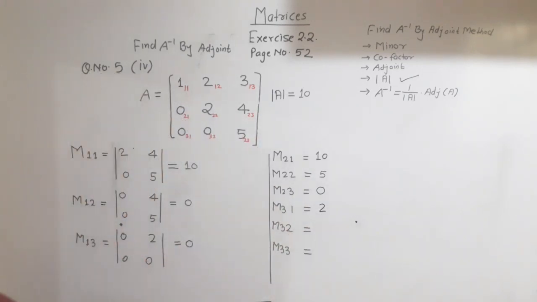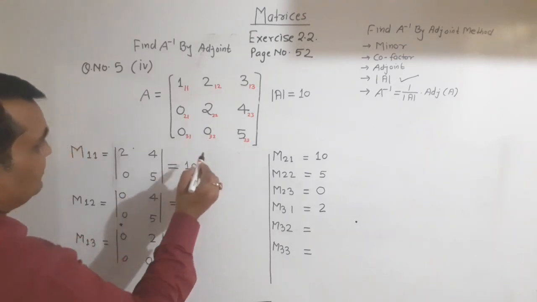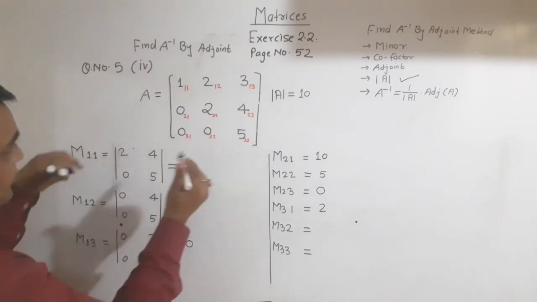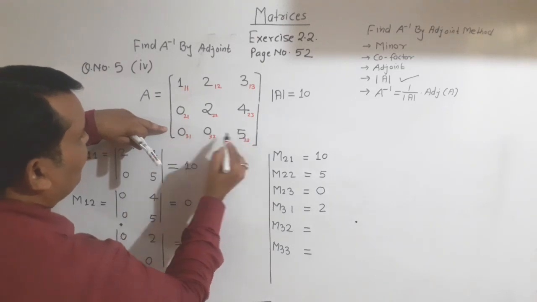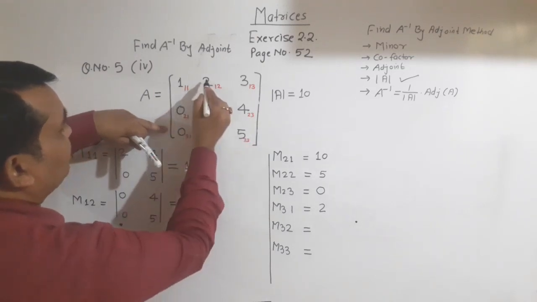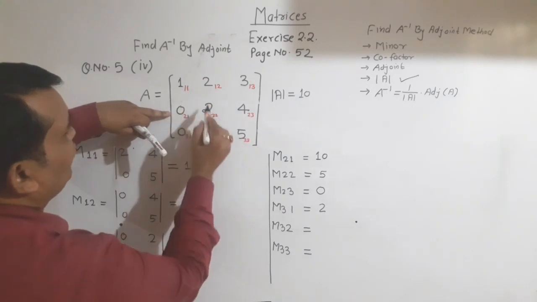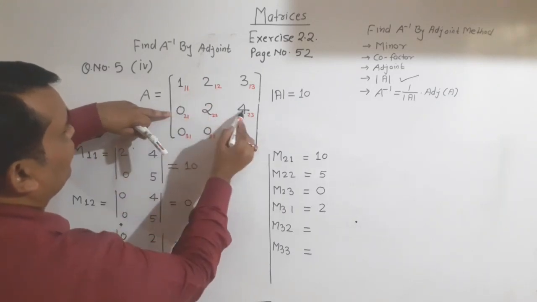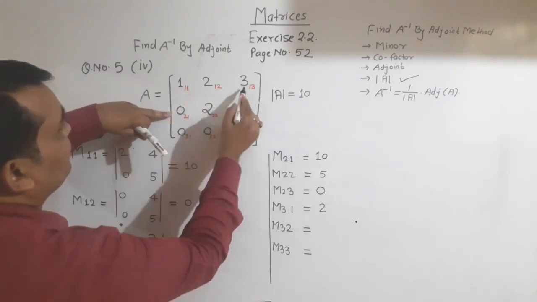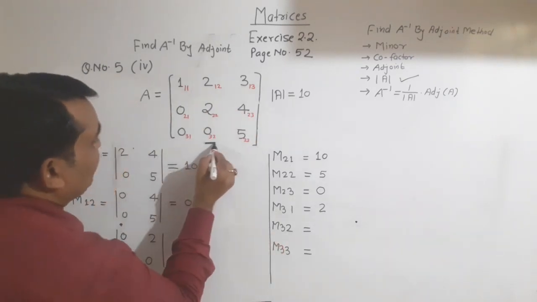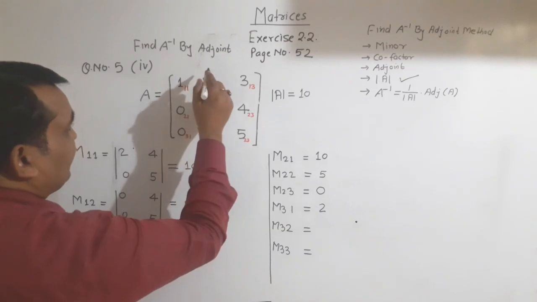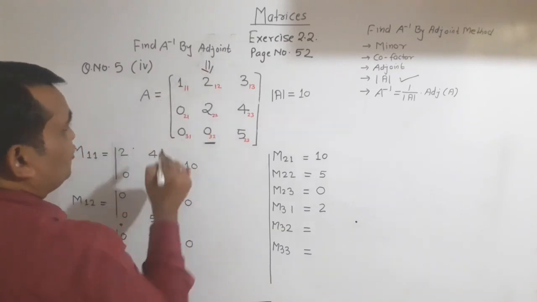Now next one dear, 32. Try to understand my dear. 32 is present in the third row second column. So third row second column, 1 4 0 3. I am repeating once again. 32 means this one, present in this row and this column.